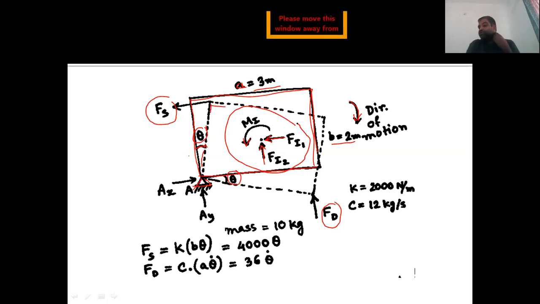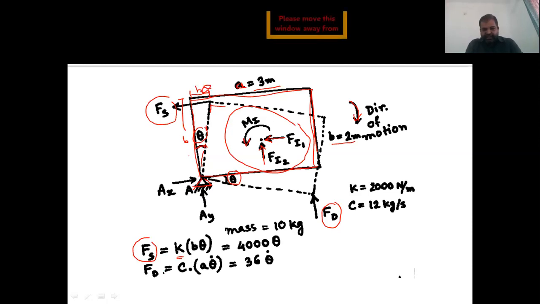Now, once you know this, first you need to find out the value of each one. So let us see what the value of Fs will be. As per definition, it is K into the displacement of the spring. This is the length B, so the displacement of the spring is B theta.